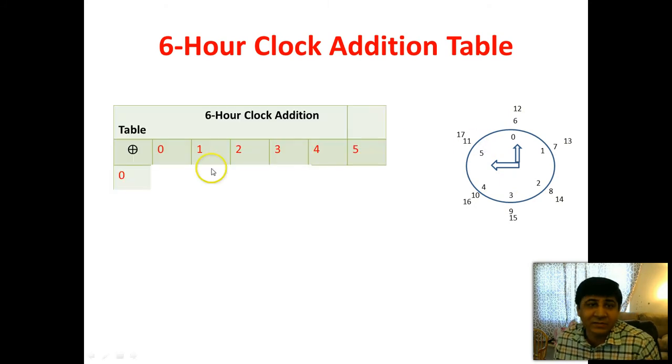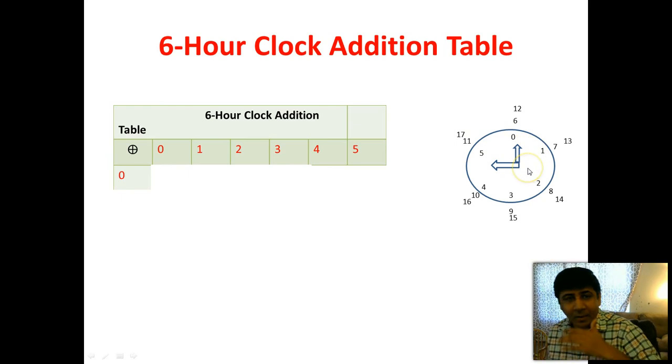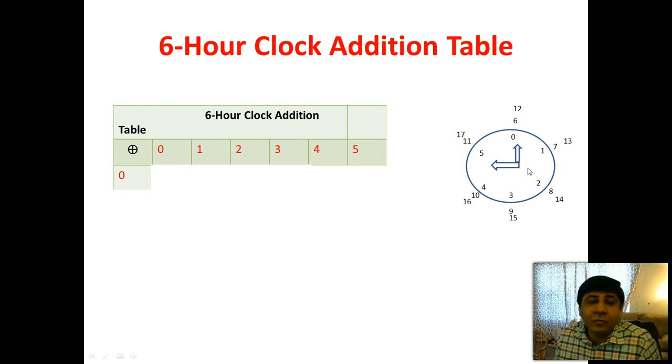What it basically means is that this is our addition, and this row is the numbers on our clock. So we have 0, 1, 2, 3, 4, 5. They are the numbers on the clock. Now if we have to add 0 to any hour: add 0 to 0, we get 0.